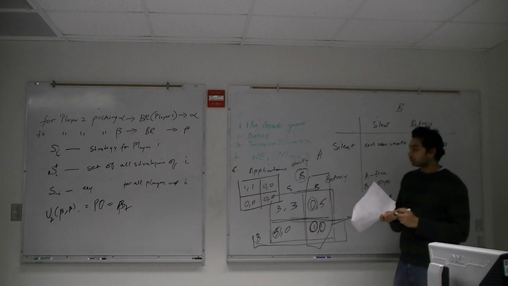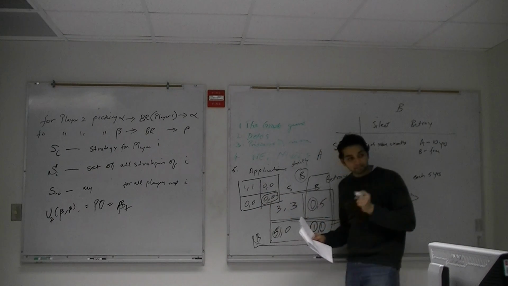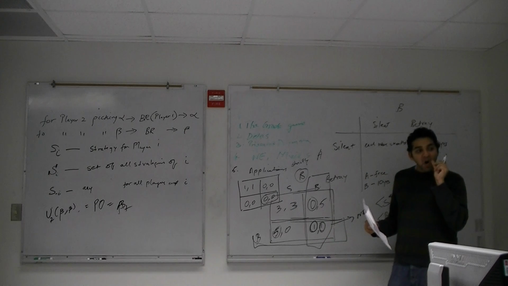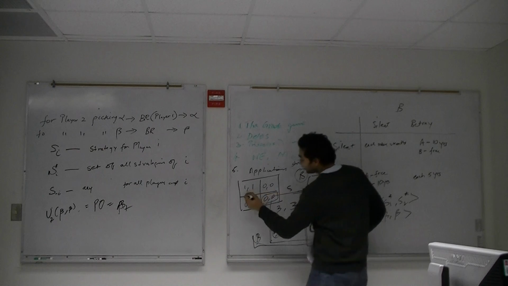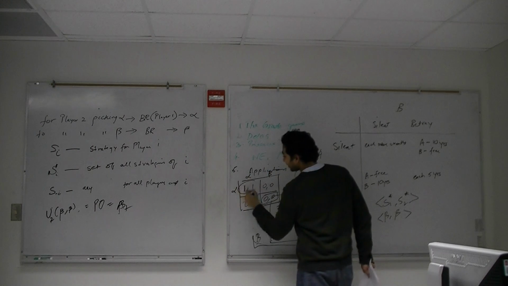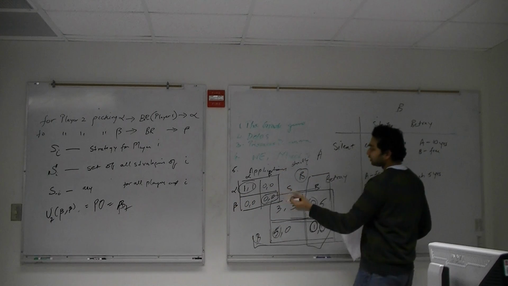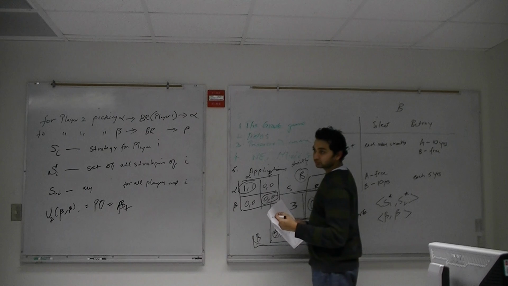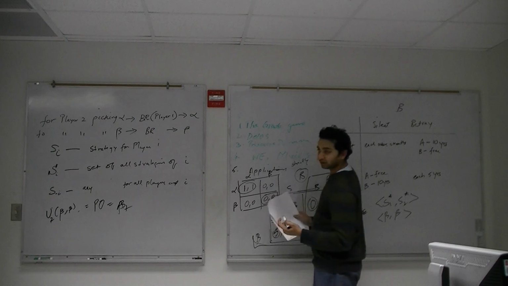So the first one was 1, 1 and 0, 0. Let's go step by step. Do you mean 1, 1, 0, 0? You mean alpha, alpha, and beta, beta, like both doing the same thing? Yeah, alpha, alpha, and beta, beta.